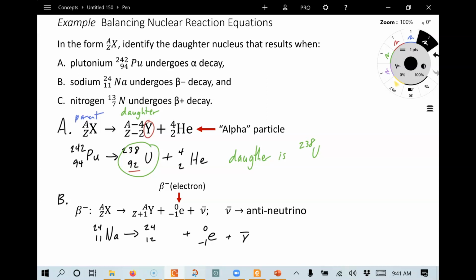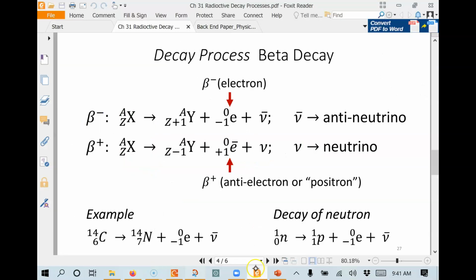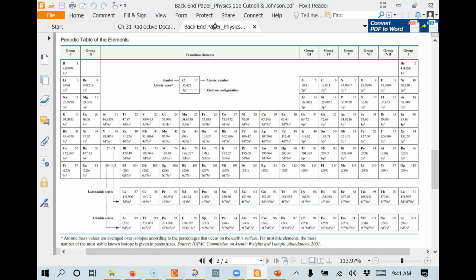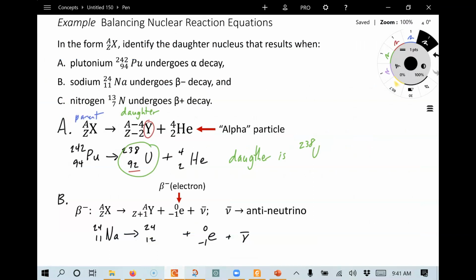All right, let's go back to our periodic table and see which element has 12 protons. Again, this is the periodic table from the back matter of your textbook. You can look it up. Here's sodium, and so 12 is going to be magnesium. Here's our daughter.